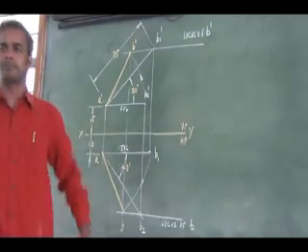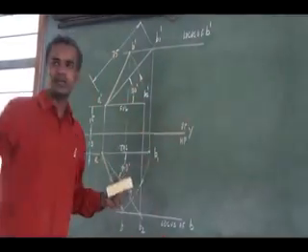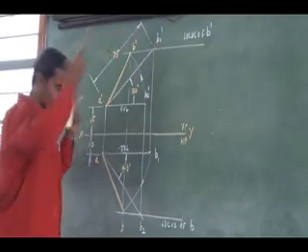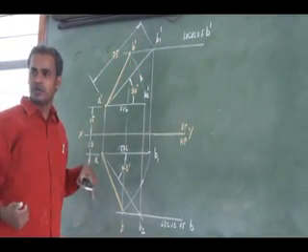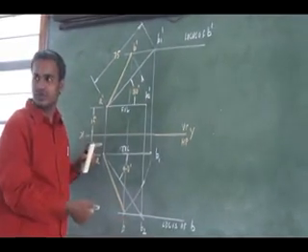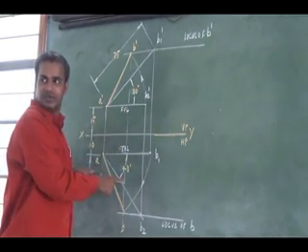You see here, the true length of the straight line in the given problem is my A dash, B1 dash. The same true length I will have in another location also, where A, B2 also gives the true length. True inclination, 30, will give this.